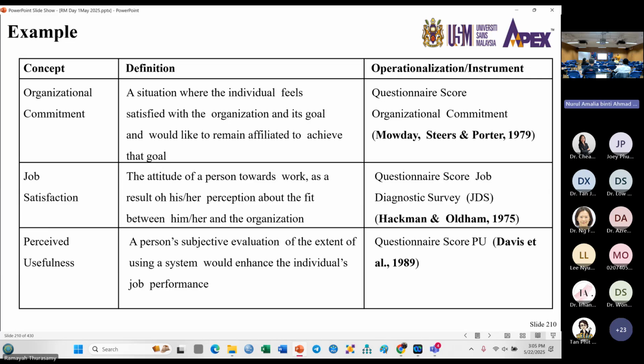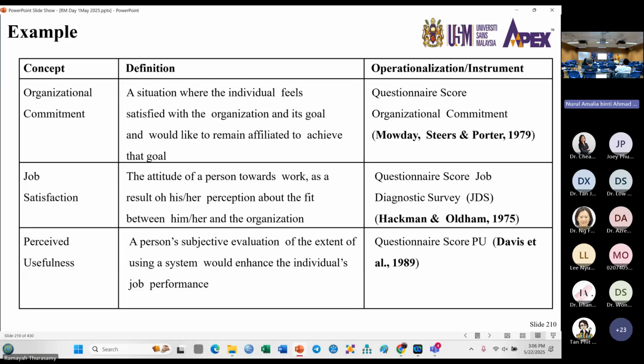Any questions? Sometimes when I say operational definition, they can't understand. But if I say the keywords to develop survey questions, they know. If I mention the word instrument, even though we teach it many times, they also can't understand. The easier way is like this.